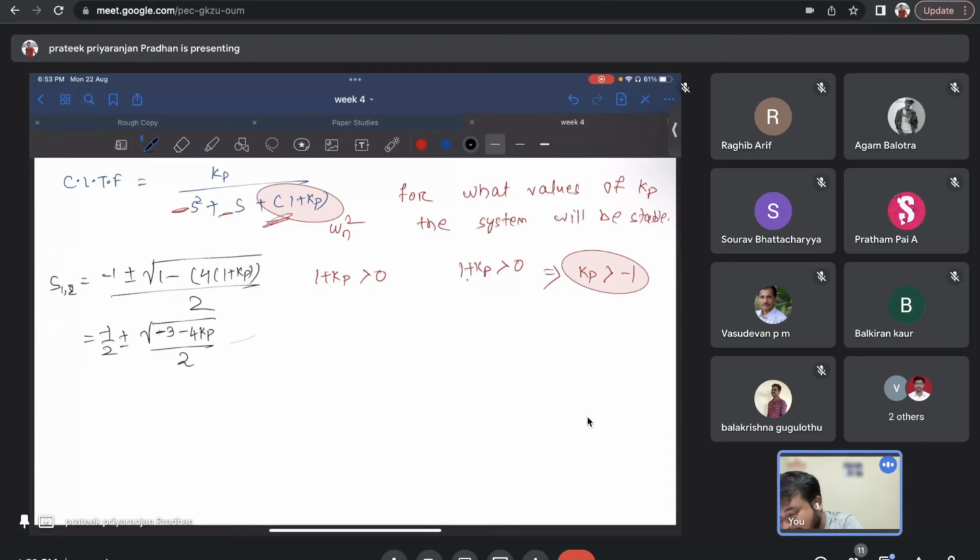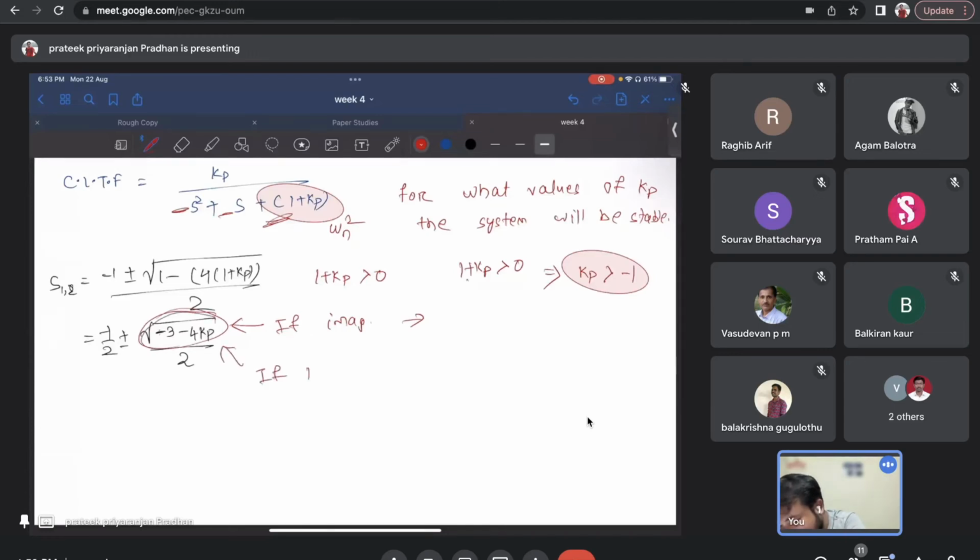If it is imaginary, then the system is stable, because the real part is minus half plus or minus some imaginary part, so it is on the left hand side.